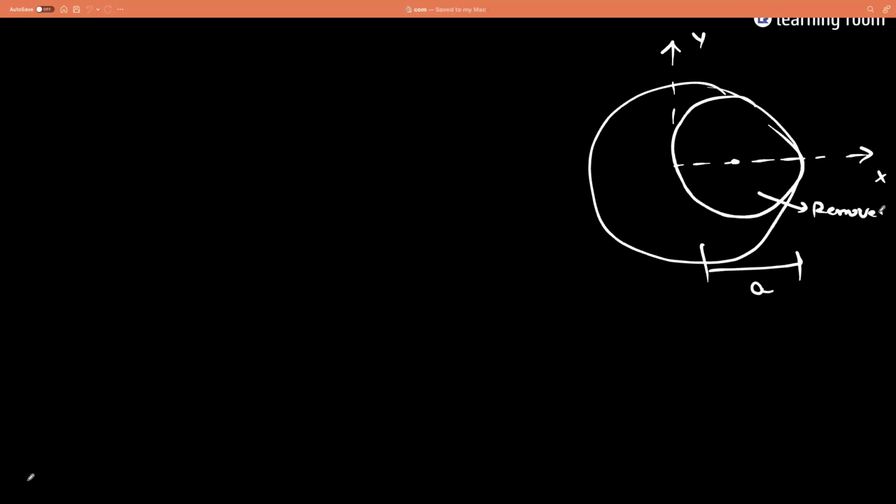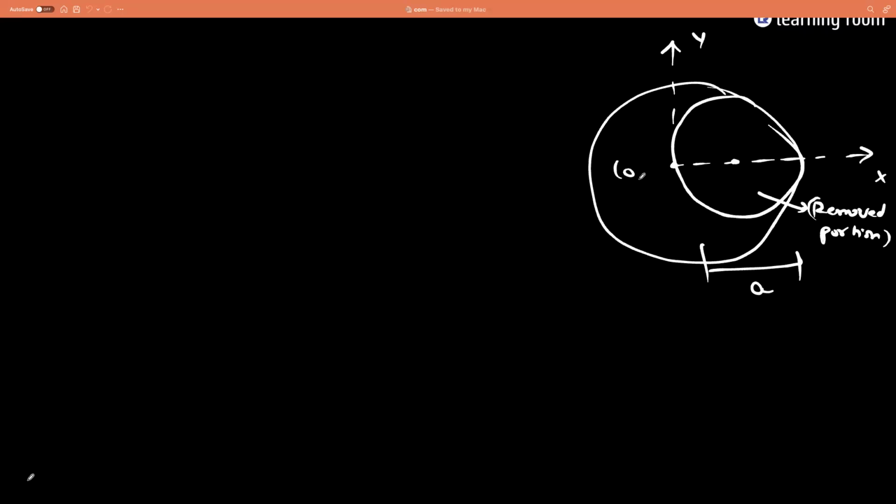There is another circular portion like this in such a way that you have this as X, this as Y, and the radius of the bigger circle is considered to be a. So this is the removed portion. Okay. Now you need to find the position of center of mass of this system.